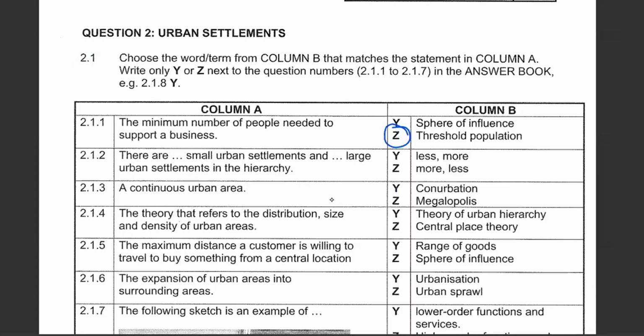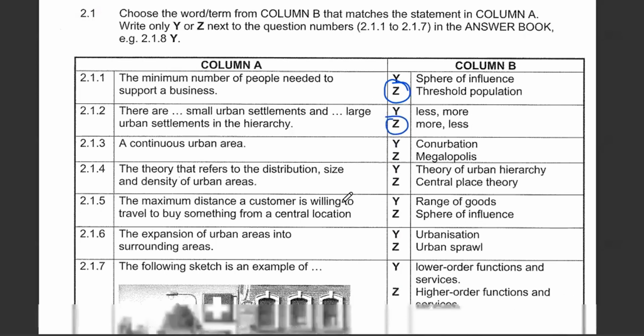If you look at a hierarchy, it has a wider base and it goes into a triangular shape. The higher we go up the hierarchy, the fewer the settlements. So it has more small urban settlements and fewer large ones. We have many towns and fewer metropolitans or conurbations.